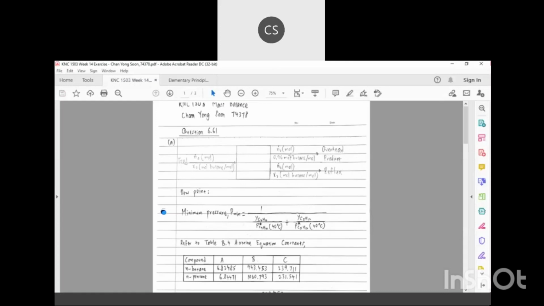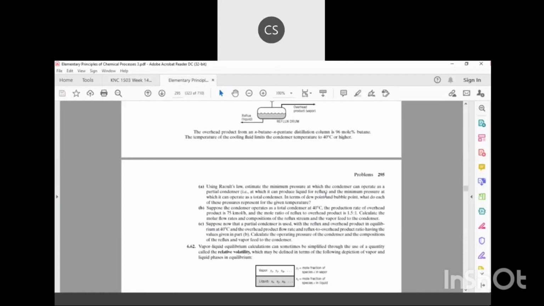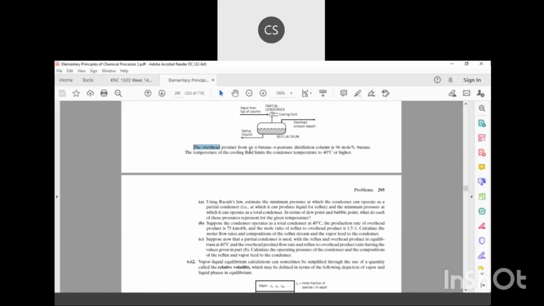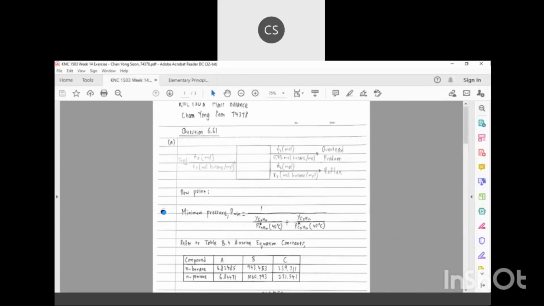For the overhead product, N1 is the molar flow rate of the overhead product, and as mentioned in the question, the overhead product from the n-butane and pentane distillation column is 96 mole percent butane. So I put 0.96 mole butane per mole at the overhead product.